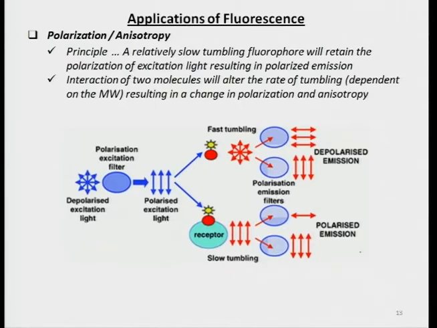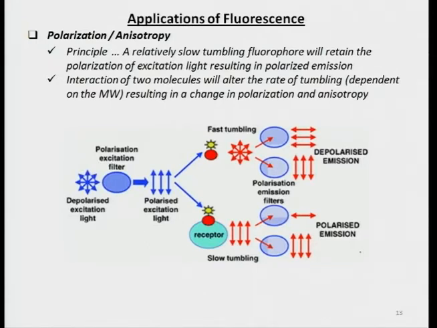However, for larger molecules that do not move very fast, that do not diffuse, that do not rotate or tumble fast, by the time the light comes out, it retains a lot of information of where it originated from. Because they don't move fast, the plane of polarization tends to stick, tends to carry forward, and we are able to detect this plane of polarization.